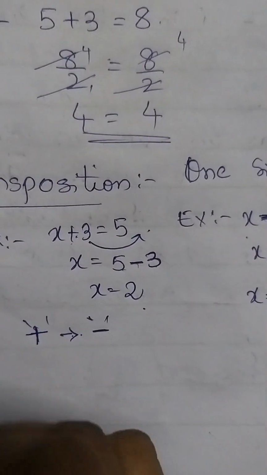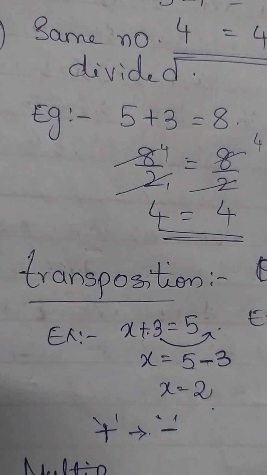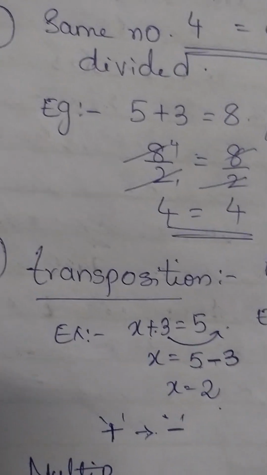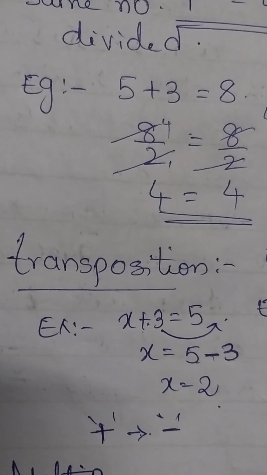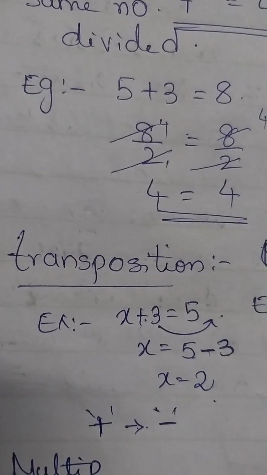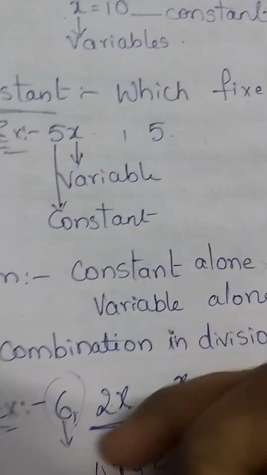Fifth principle in equation, children. What if we multiply? I will explain. Let us take a number multiplied on the LHS.